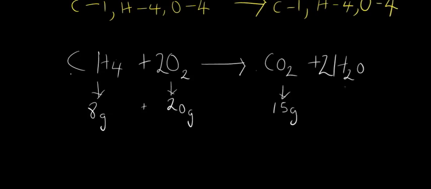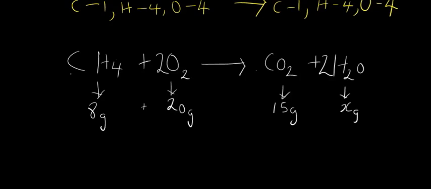And we're asked to find the mass of water in grams that is produced. Now, bearing in mind that according to the law of conservation of mass, the masses of the reactants must be equal to the masses of the products.